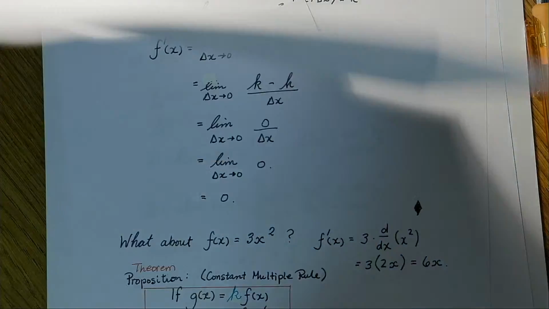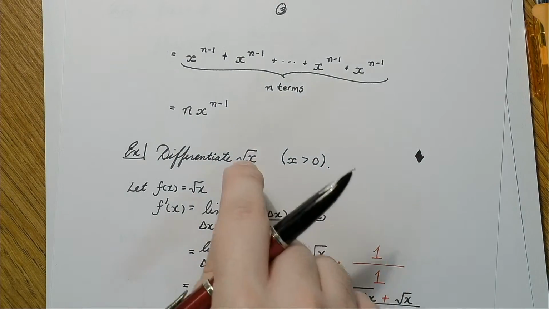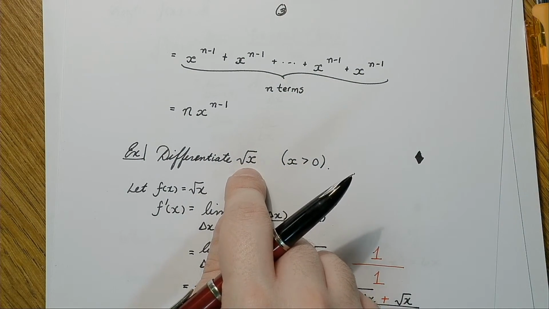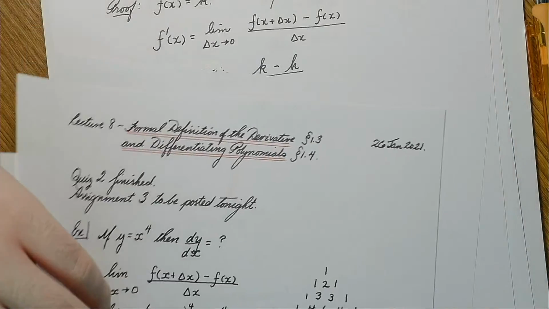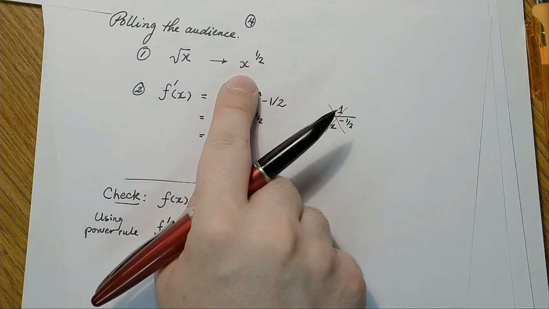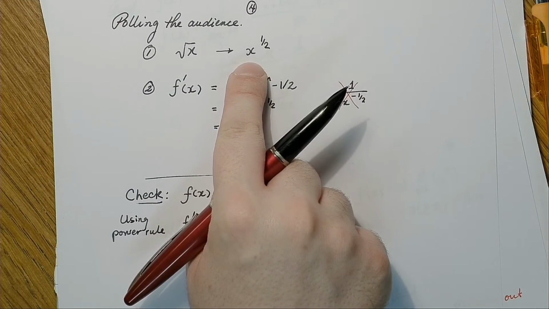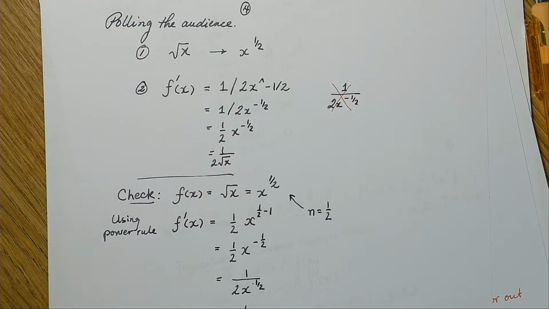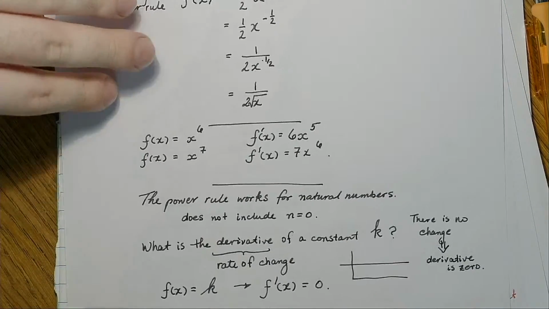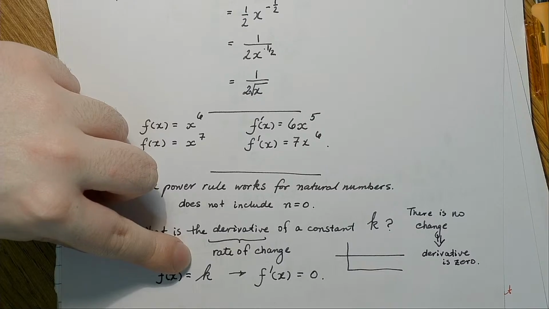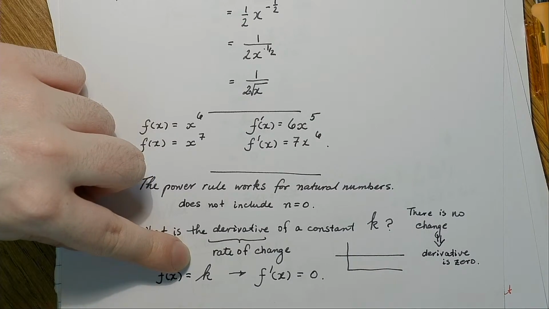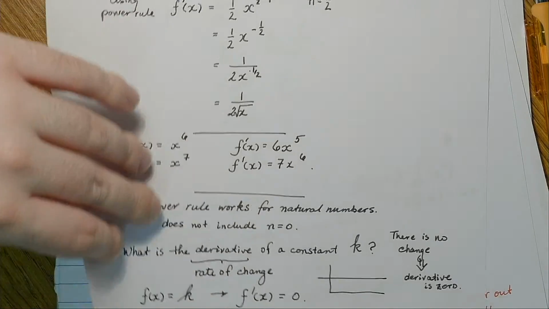We realized that that power rule is also important because we can handle the square root as well by simply rewriting it as a power. Okay, we also realized that the derivative of a constant is really asking, what's the rate of change of a constant? Well, it's 0. There's no change.